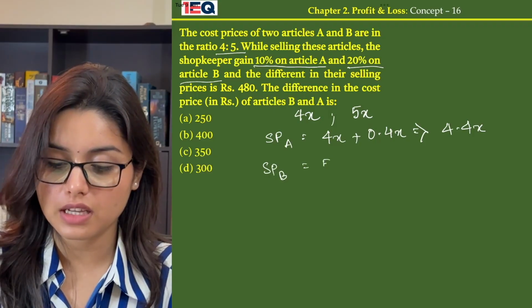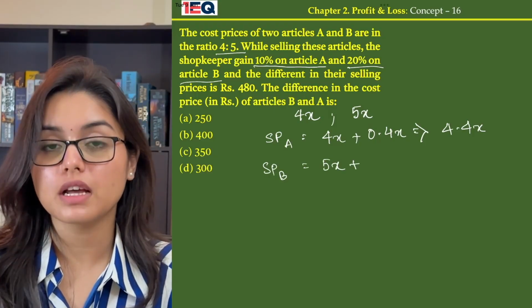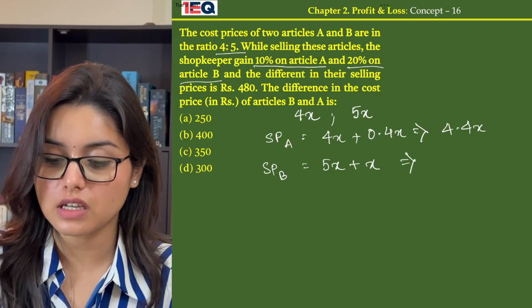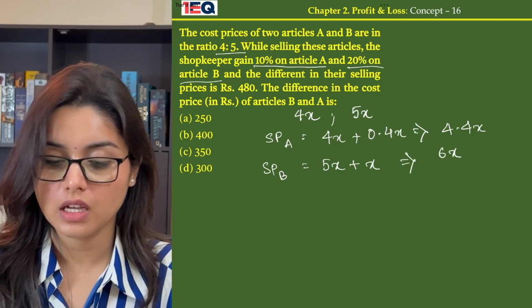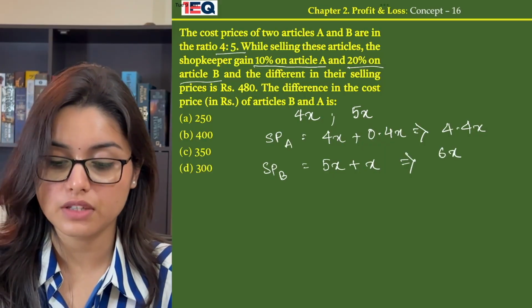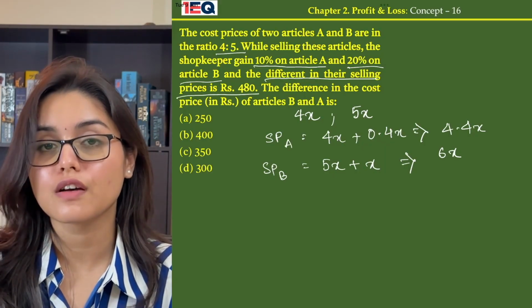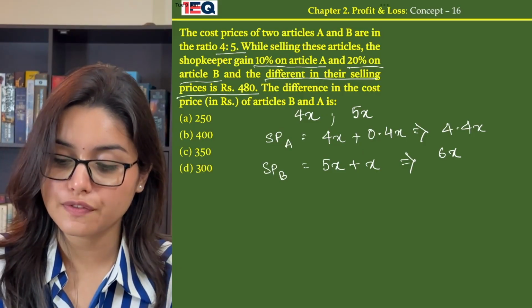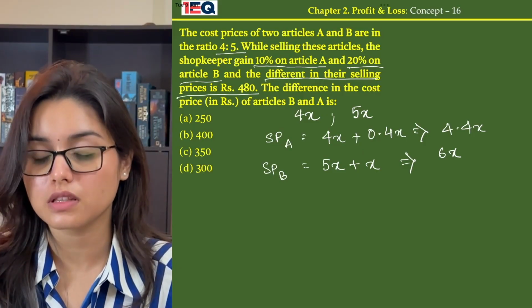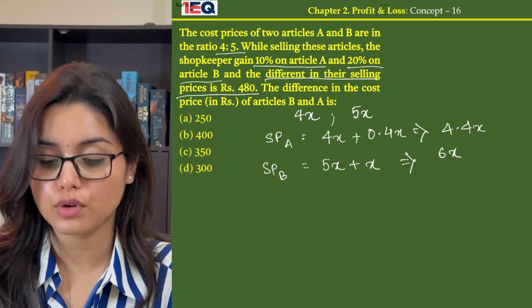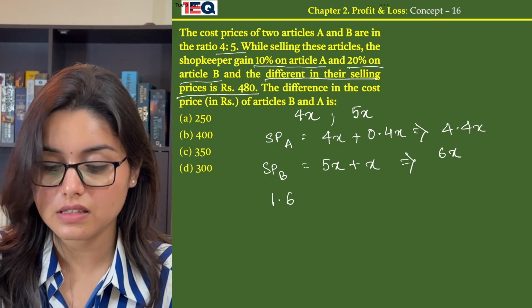So his selling price becomes 5x plus 20% of 5x, that is x, which gives us 6x. Now, further in the question, they have mentioned that the difference in their selling prices is rupees 480. So the difference between the selling prices is 6x minus 4.4x, that is 1.6x.